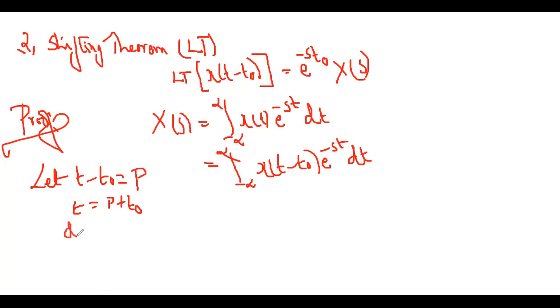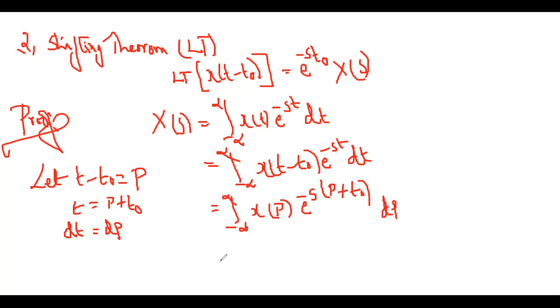Applying the derivative, dt is equal to dp. Substitute here: minus infinity to infinity of x of p e power minus s into (p plus t naught) dp, since dt is equal to dp. That gives the integral minus infinity to infinity of x of p e power minus s p dp, times e power minus s t naught.